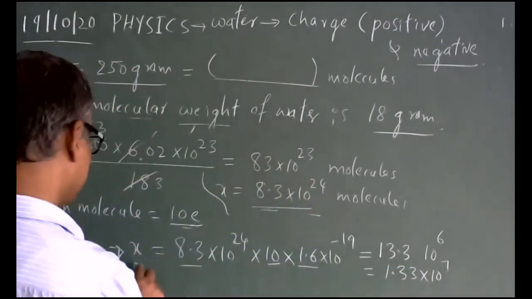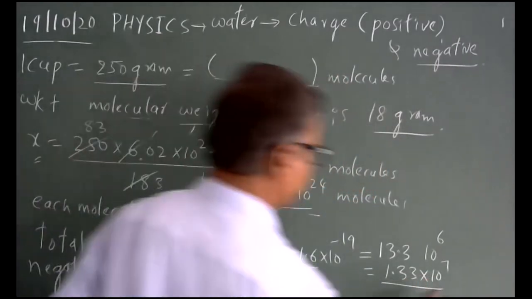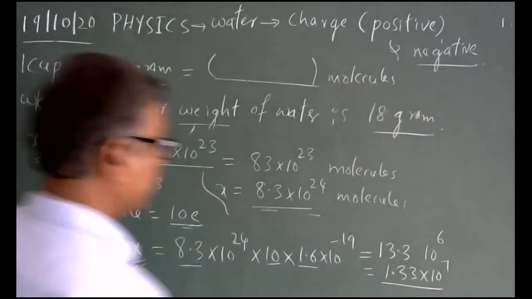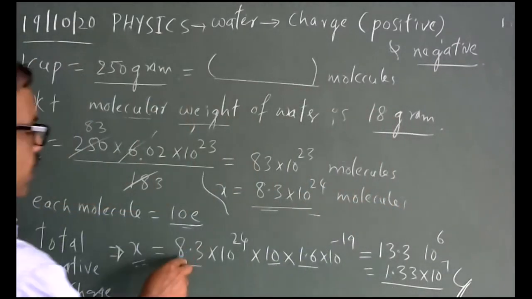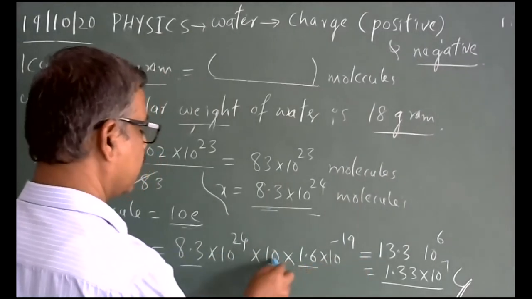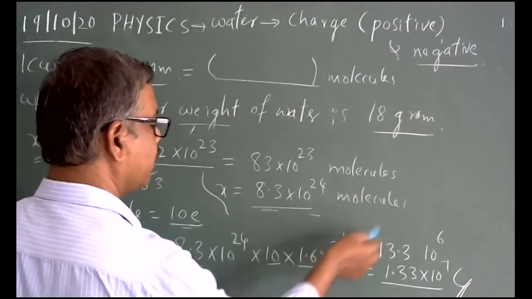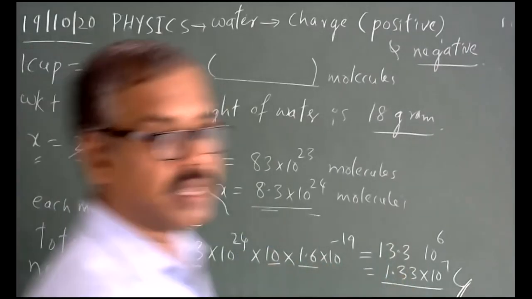So what is this value? It is equivalent to a magnitude of 10^7 coulombs. So I need to write the negative charge. It is called coulombs. Cross check: 8.3 into 1.6 becomes 13.3, plus 25 minus 19 becomes plus 7.